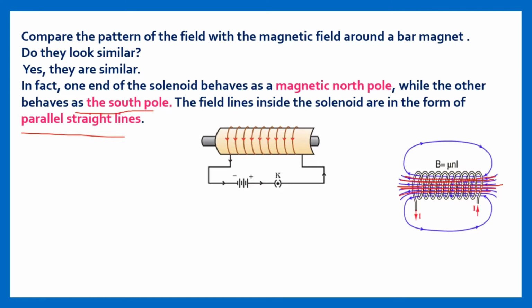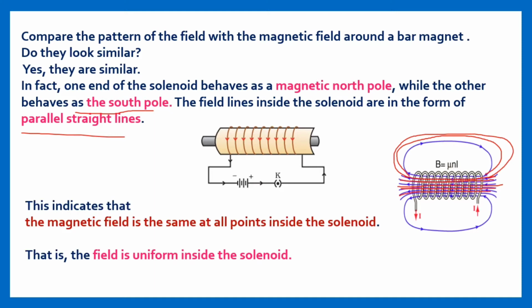These are similar to the magnetic field lines produced by a bar magnet, right? What does this indicate? It indicates that the magnetic field is the same at all the points inside the solenoid. It means the magnetic field is uniform inside the solenoid.